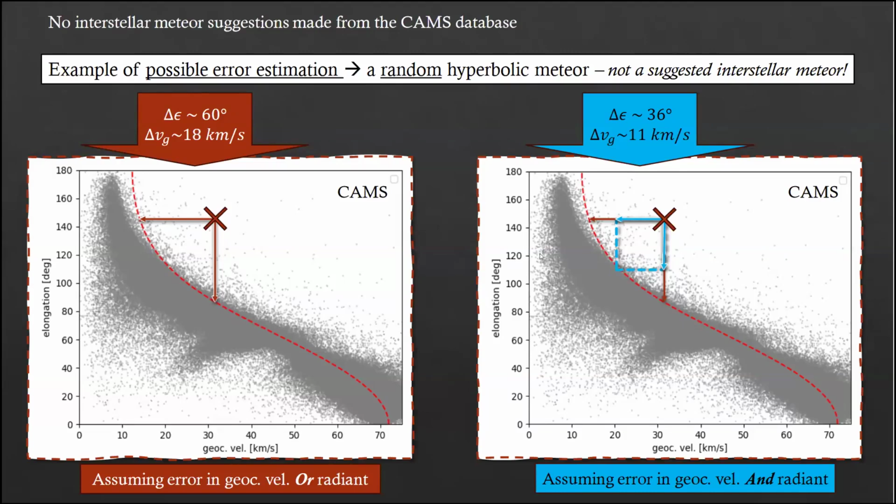But you also can have combinations of errors, so in the geocentric velocity and in the radiant, so the elongation, which means we are looking at these blue arrows. This means that these errors might be lower when you combine them. This is just a hypothetical case.